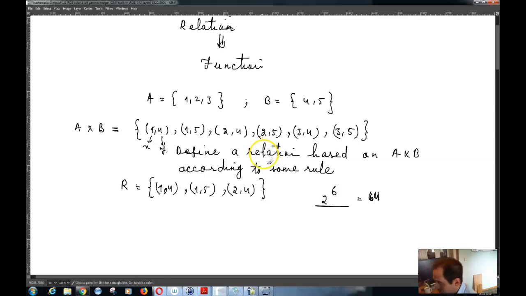Now a function is a specific kind of relation that you can define on the Cartesian product of two sets. Meaning that in the process of defining a relation, if you define that relation in a very specific way, you can call it a function.